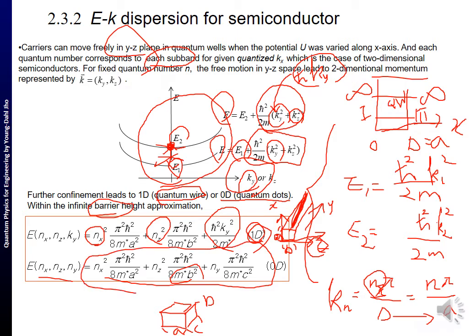Energies are defined by the quantum number along the x-axis, the quantum number along the z-axis, and the quantum number along the y-axis. So energy now is a function of these quantum numbers. And sometimes this is called an artificial atom. Okay.